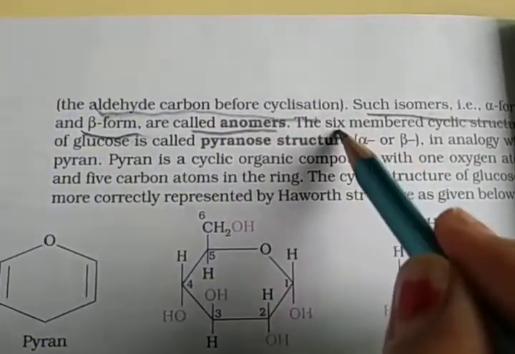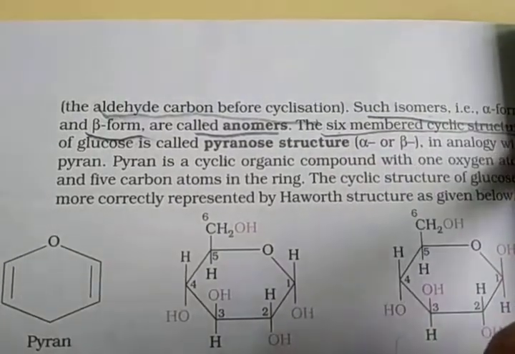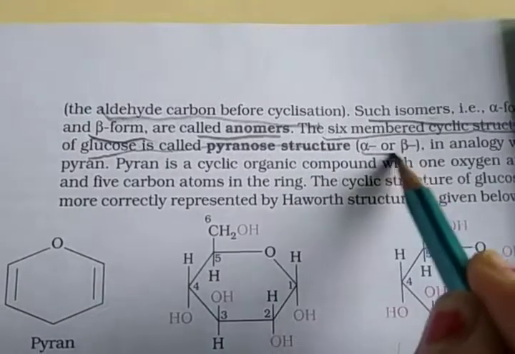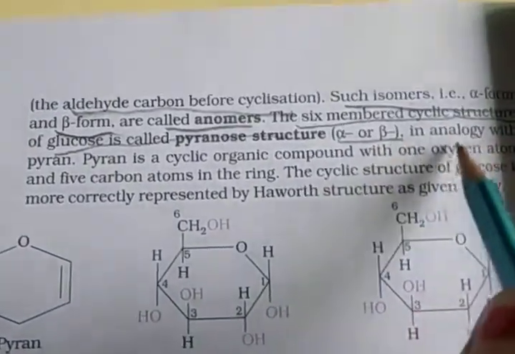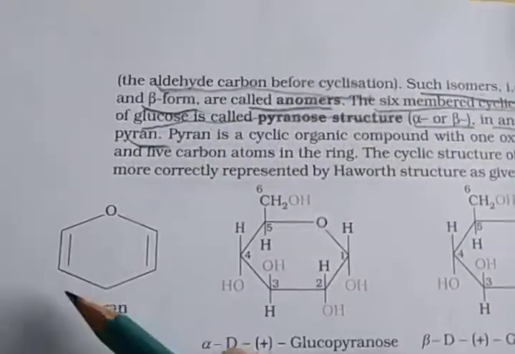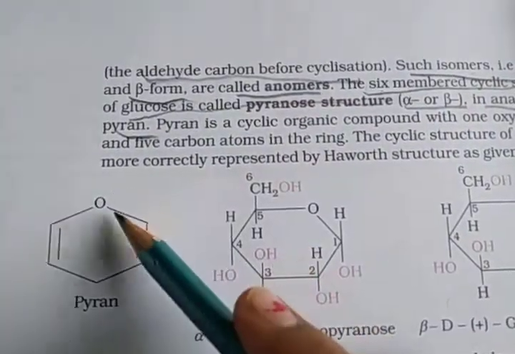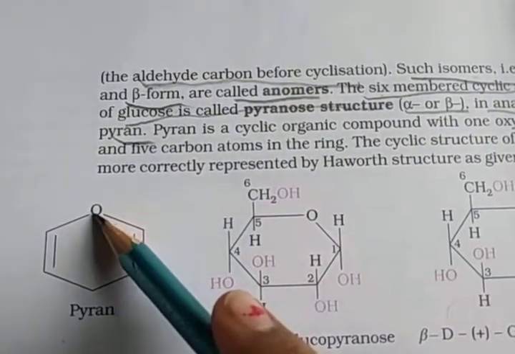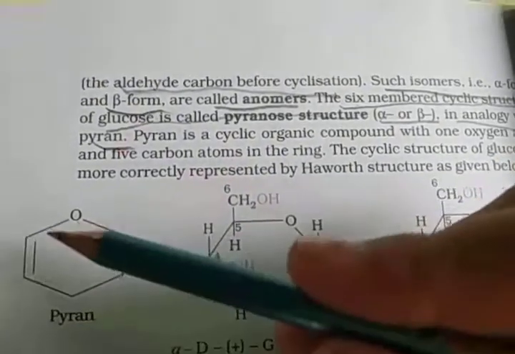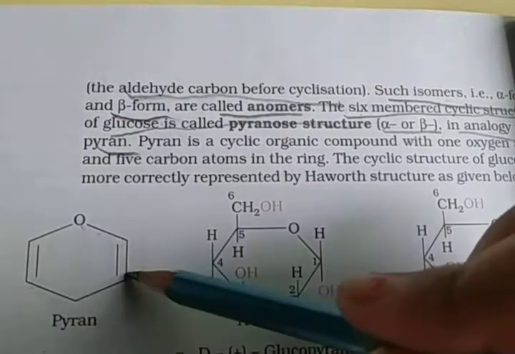And then the 6-membered cyclic structure of glucose is called the pyranose structure, alpha or beta, in analogy with pyran. So see this structure, it is a pyran. This is the aldehyde group carbon and oxygen. This way the glucose structure: 1, 2, 3, 4, 5.